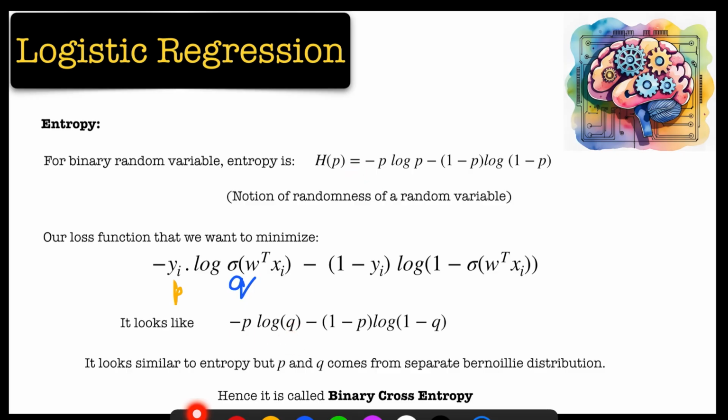In entropy we get minus P log P minus 1 minus P log 1 minus P. Here we just have two terms, P and Q. So it looks similar to entropy, but P and Q come from separate Bernoulli distributions. That's why it is called binary cross entropy.